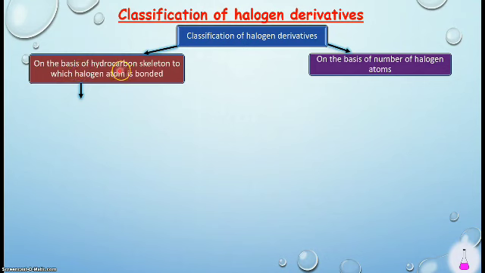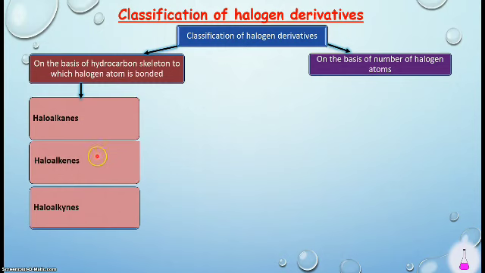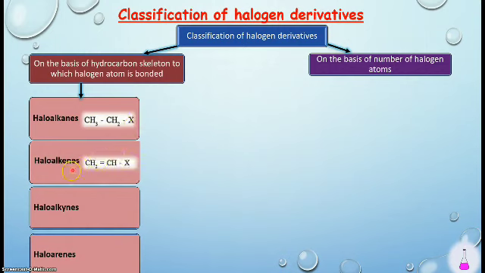Therefore, halogen derivatives are haloalkanes, haloalkenes, haloalkynes and haloarenes. In haloalkane, halogen is bonded to an alkane compound. In haloalkenes, halogen is bonded to alkenes. In haloalkynes, halogen is bonded to alkynes. And in haloarenes, halogen is bonded to a benzene ring or aromatic ring.